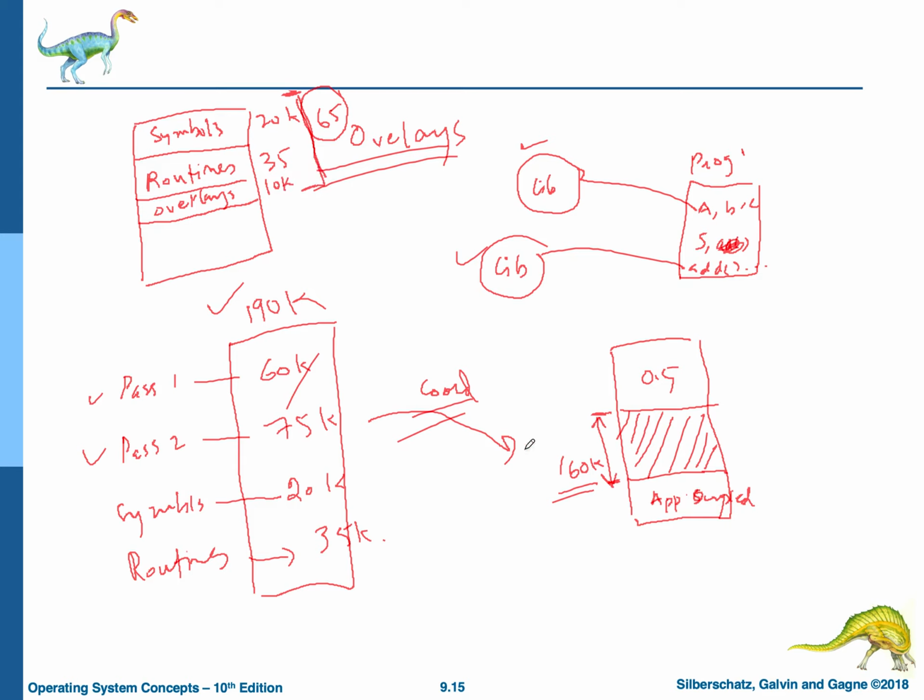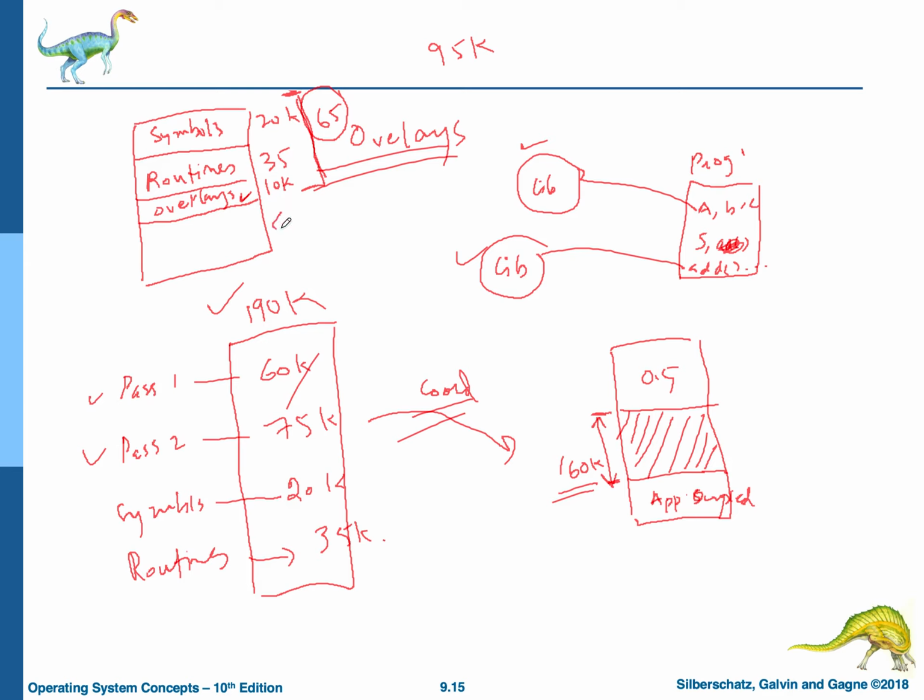From 160 we have 95k remaining. What is this overlay code for, which occupies an extra 10k? It is managing pass 1 and pass 2.